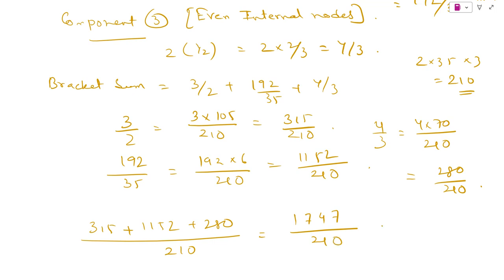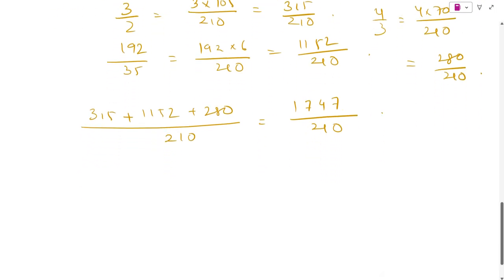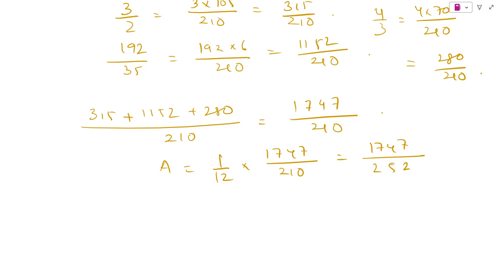Okay. Now let's find our estimated area capital A by factoring h by 3 equal to 1 by 12. Okay. So A will be equal to 1 by 12 into 1747 by 210. So this is 1747 by 2520.